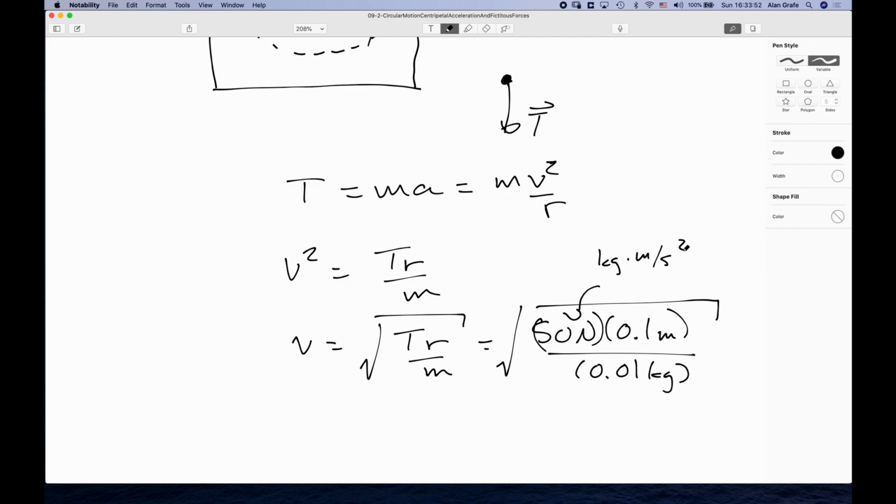And so in order to have your units work out, you have to get your mass and radius into units compatible with that. All right, so if we go ahead and crunch that through, we get that our speed is 22.4 meters per second. So it's whipping on pretty hard before it breaks.